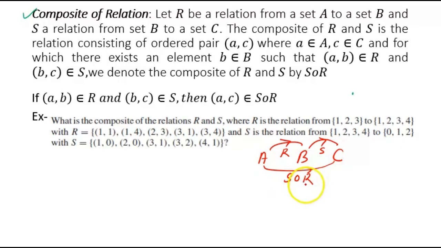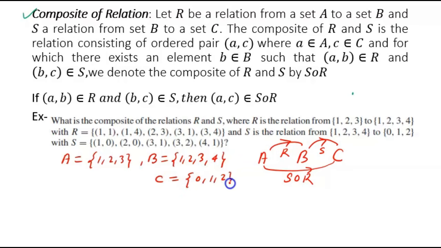We have to understand it this way: first the relation R is used, and once I decide that R is taking a particular element to a particular element, then how S will act over it. To understand this, let us take this example. We have a set A which is {1, 2, 3}, the set B which is {1, 2, 3, 4}, and the set C which is {0, 1, 2}.